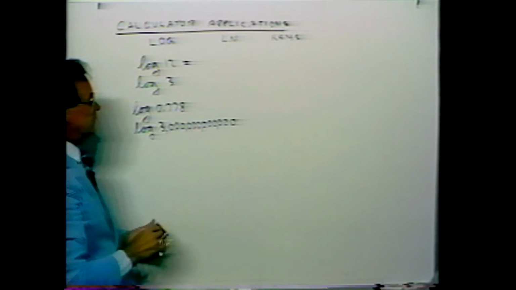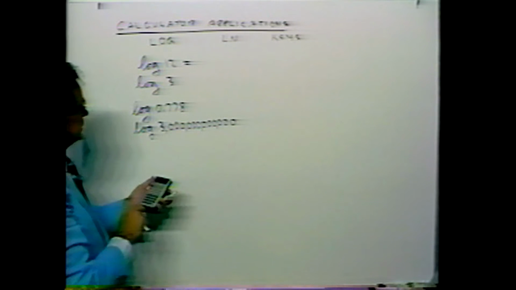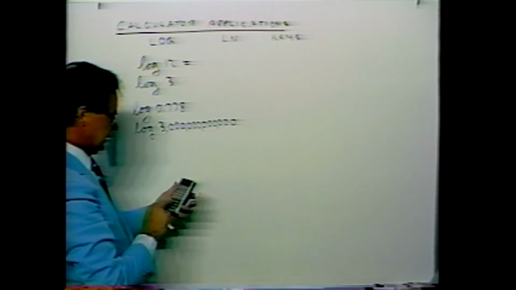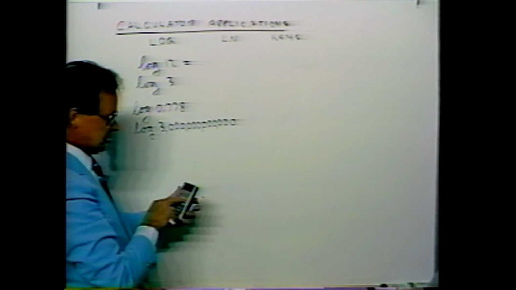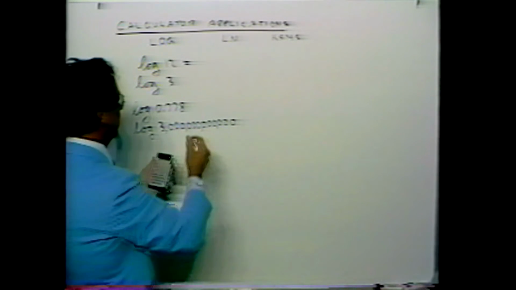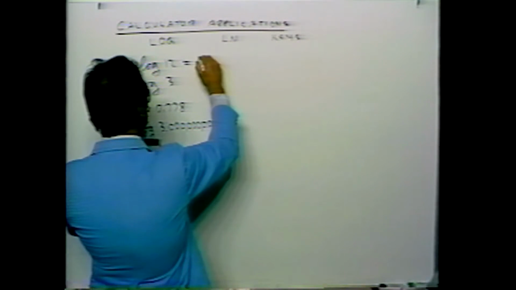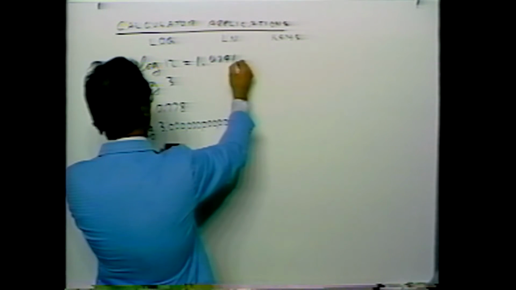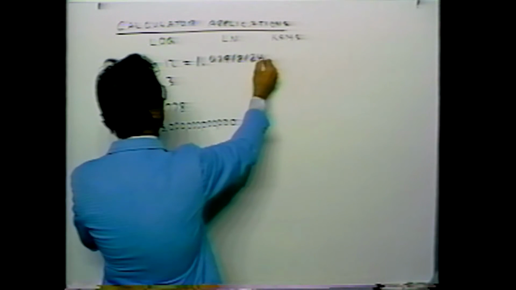you simply have to press in the calculator the number 12 and there's the log key. The log key gives 1.079181246.